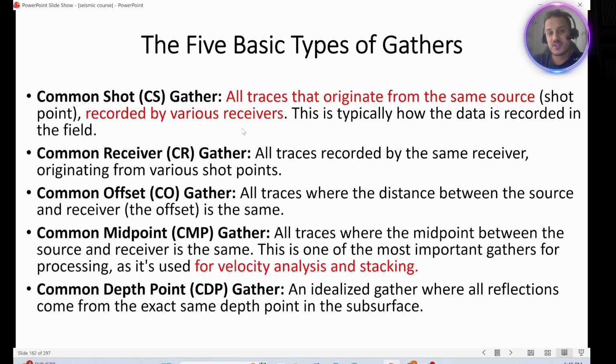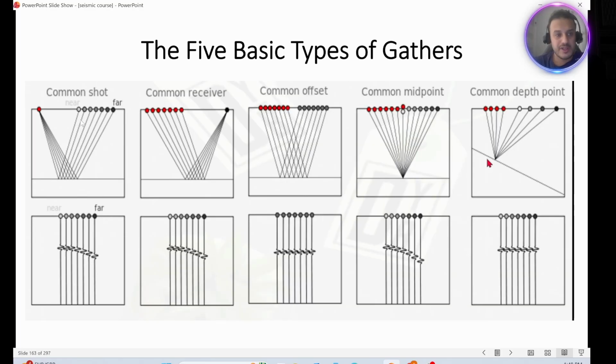The five basic types of gathers we have are: common shot gather, common receiver, common offset, common midpoint gather, and common depth point gather. In the common shot, there is one source and multiple receivers, with near receivers and far receivers. In the common receiver, the second type, we have multiple sources and only one receiver.